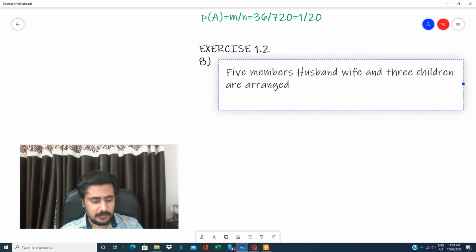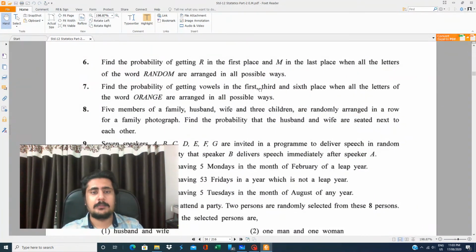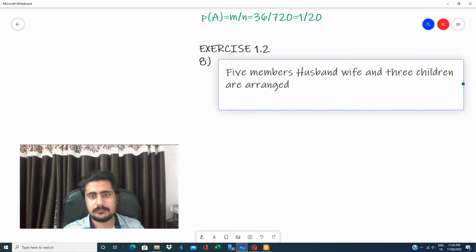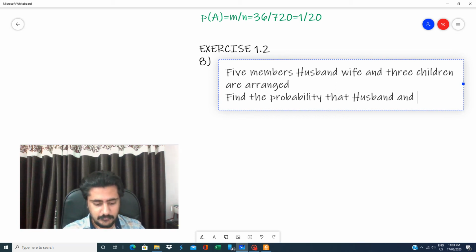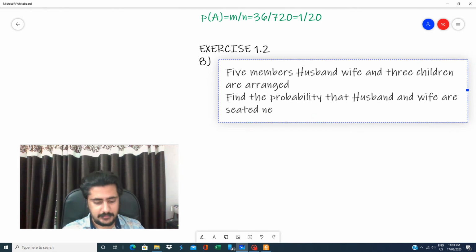What is asked is to find the probability that husband and wife are seated next to each other.